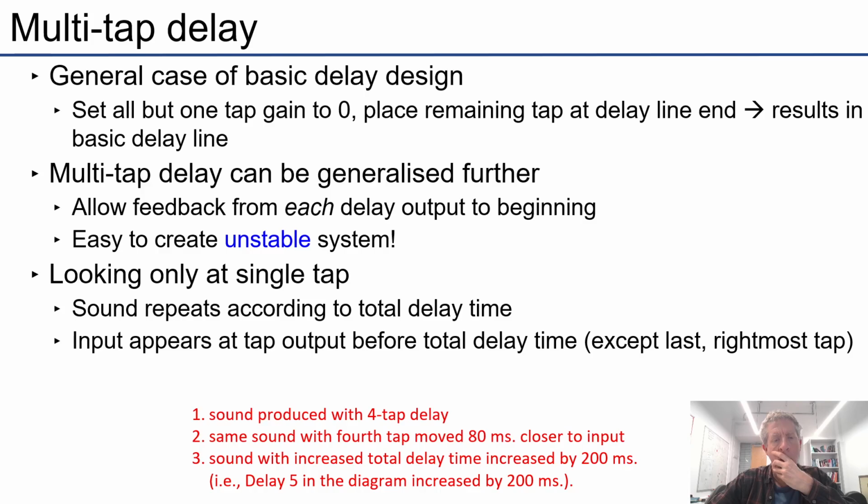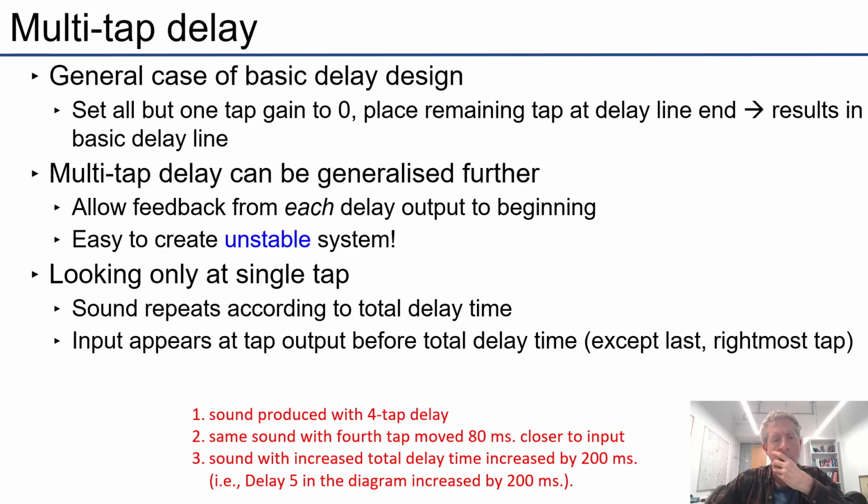Multi-tap delay is a fairly simple extension of basic delay, but one can also make it much more complicated by allowing feedback from each delay output to the beginning, or even just to a previous stage, not so far as the beginning, or other filtering in the loop.